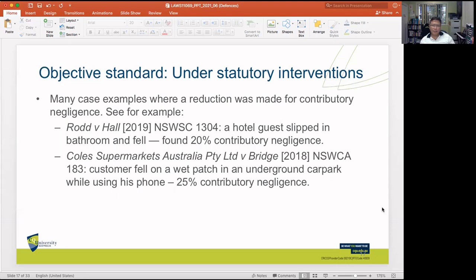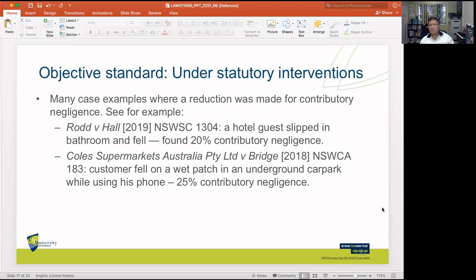In Coles Supermarkets Australia Proprietary Limited versus Bridge, a customer fell on a wet patch in an underground car park while he was using his phone. While indeed there was negligence on the part of Coles Supermarket, because it should have taken care to ensure that the wet patch in its underground car park would have been removed because it was dangerous, it posed a hazard to customers and other people.